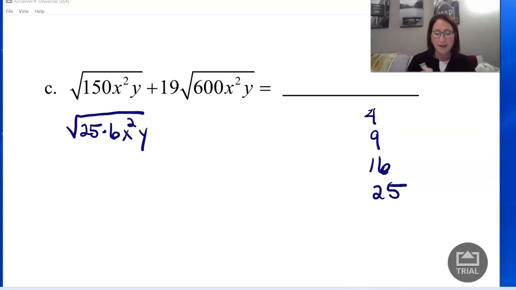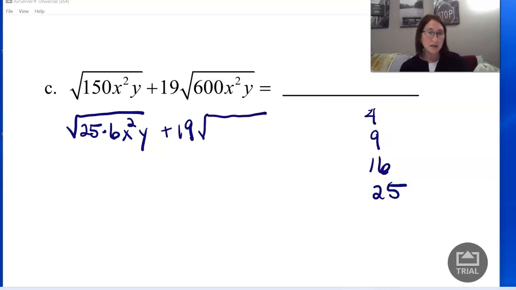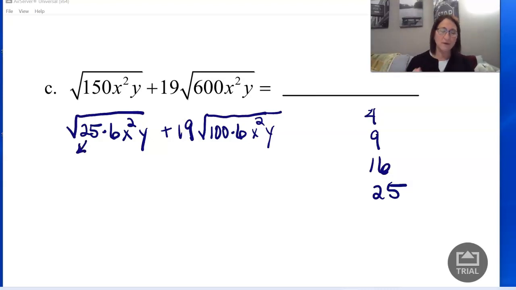x squared y. Then I've got plus 19. Okay, well, I can think of that 600 as 100 times 6, x squared y. Why is 100 beautiful? Because it's a perfect square. 10 times 10 gives me 100. All right, so I can bring out of this first radical that 25. The square root of 25 is 5.